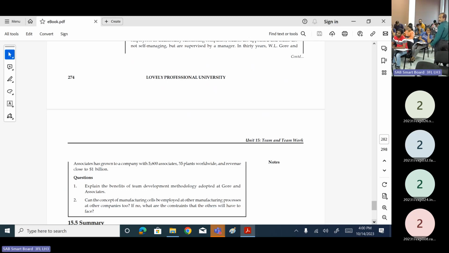It is as we explained. But before explaining, you have to identify the point. What are the benefits? That's a large team, then small teams as manufacturing cells. That is one explanation, but there were many other explanations. One benefit.